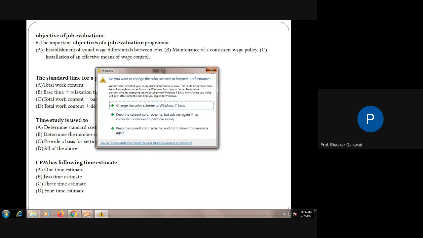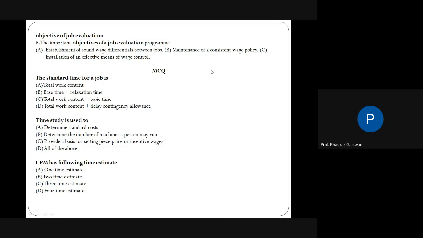So in short, we have to decide three things: work measurement and standard time, job evaluation, and merit rating with the wages or salary system. With the help of these three systems, you can elaborate all these things, and that is why there is a need to go for work measurement, job evaluation, and merit rating.